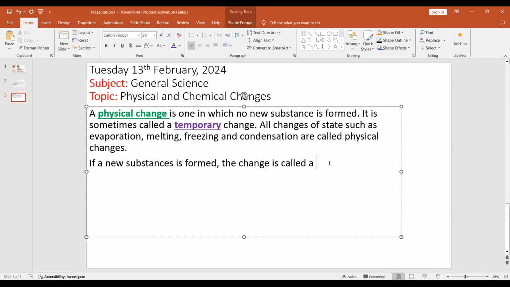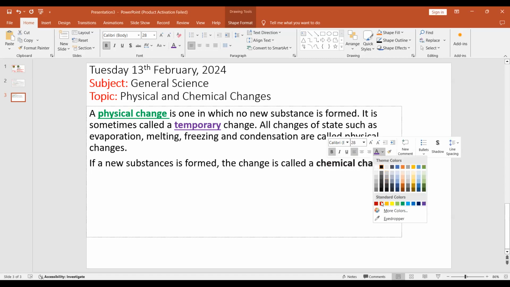A chemical change. If you have a new substance being formed, we call it a chemical change. Very good. That's if a new substance is formed. We call that a chemical change.